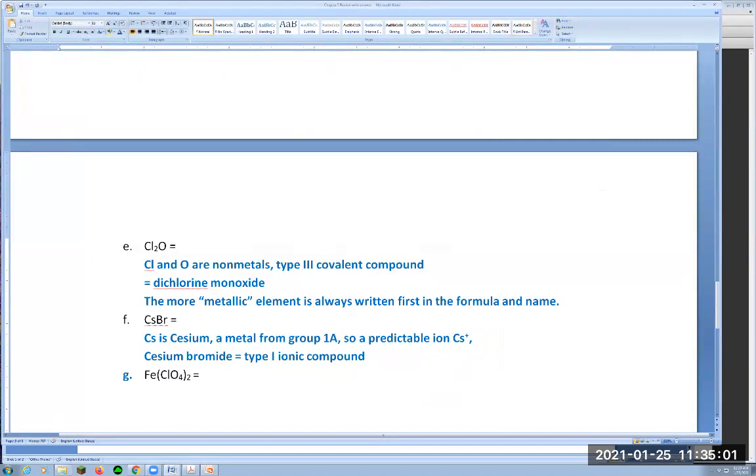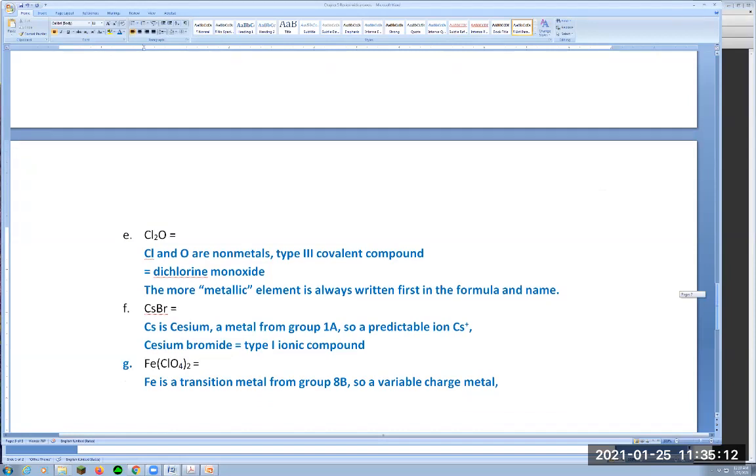So let's summarize this. Fe is a transition metal from group 8B, so it's a variable charge metal. So that means we will need to decide what the charge on Fe is in this particular compound. So that's why we need to know the charge on the perchlorate. And here we have 2 perchlorates, right? There are parentheses and then a 2 outside the parentheses telling you there are 2 perchlorates with 1 negative charge each.